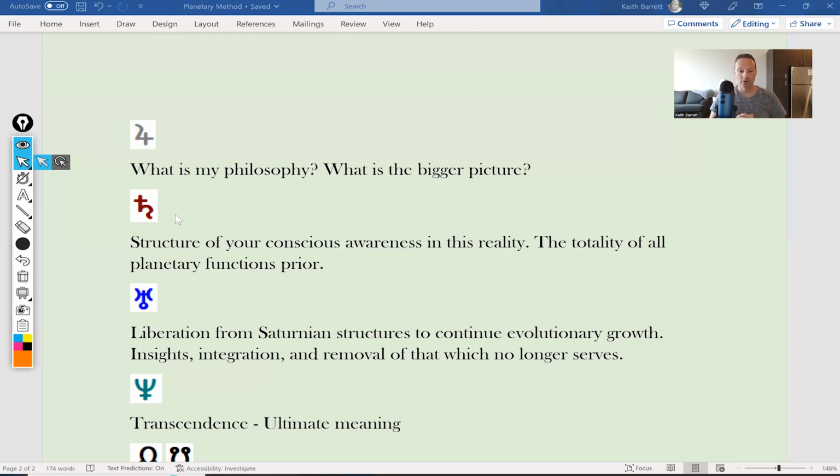Right. And so, for me, I have Saturn in Cancer. So my conscious awareness is more the emotional side, right? The Cancer side, the flowing side. That is my conscious awareness. And so all of these symbols inside of Saturn build my structure, how I understand myself to be in this reality.